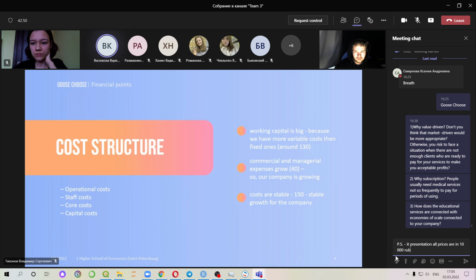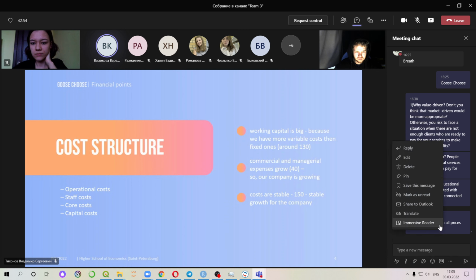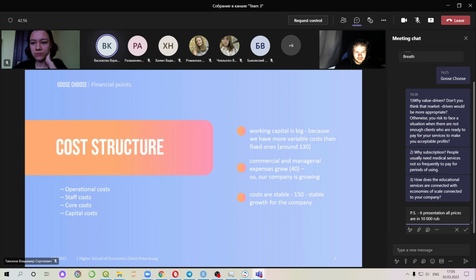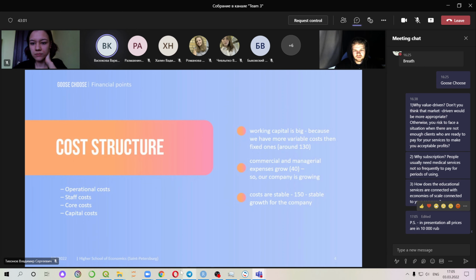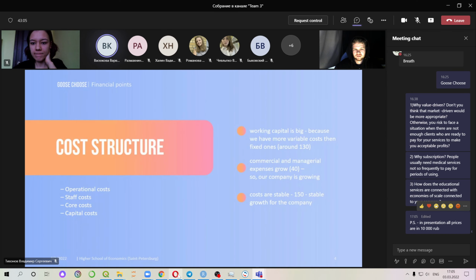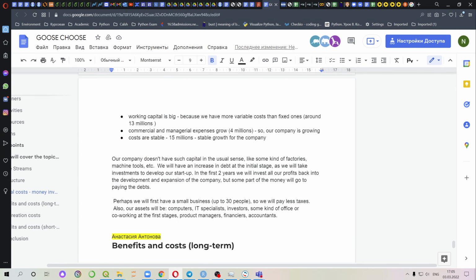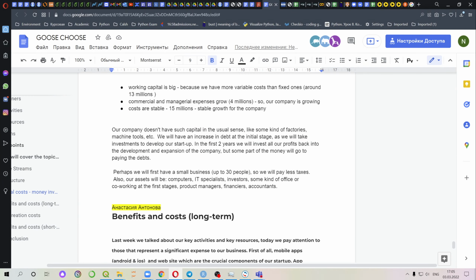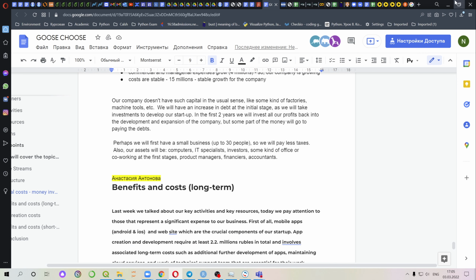Perhaps we will first have a small business up to 30 people, so we will pay less taxes. Also, our assets will be computers, IT specialists, investors, office or co-working at the first stages, product managers, etc. Next slide, please.